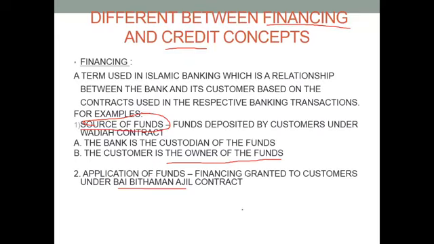Because in the banking system, or in any company, you will have sources and then uses. Uses is what you do with the money. Sources is where you get the money. There are two: sources and uses.